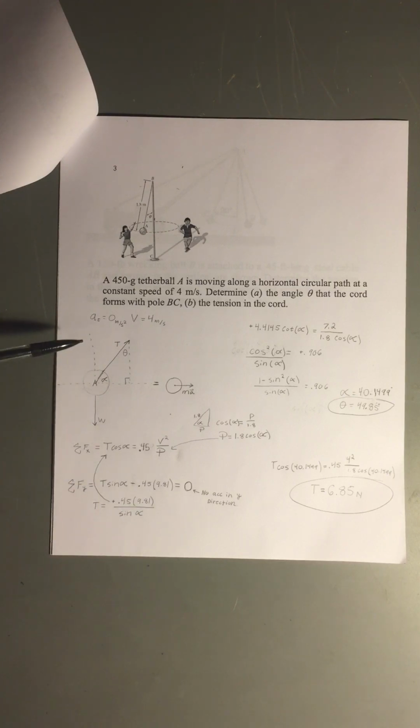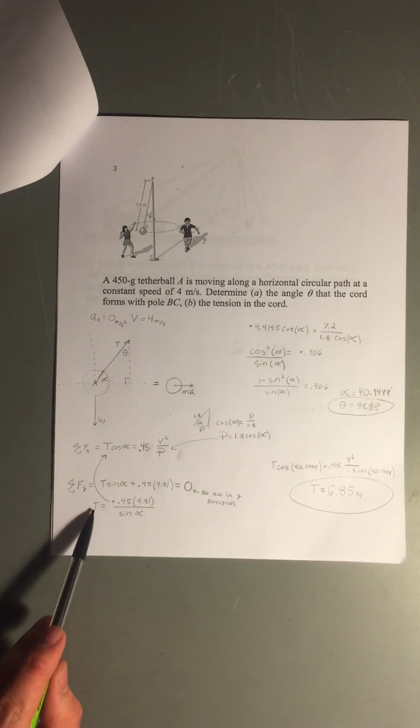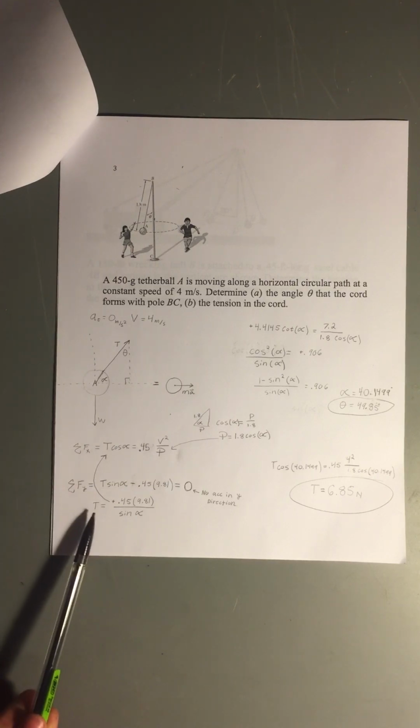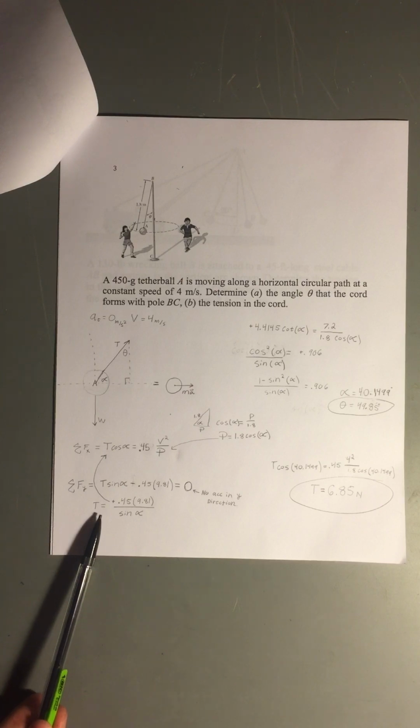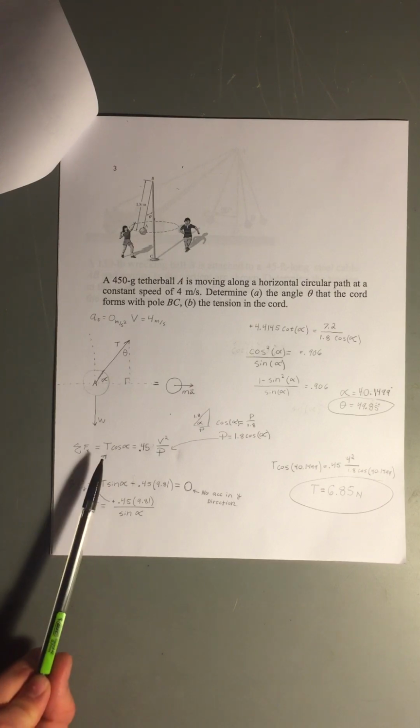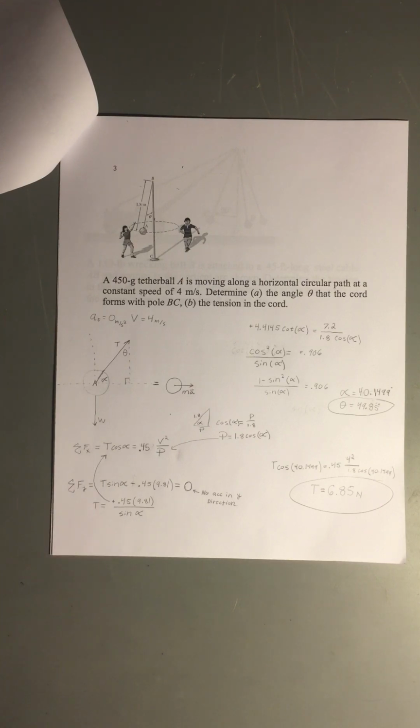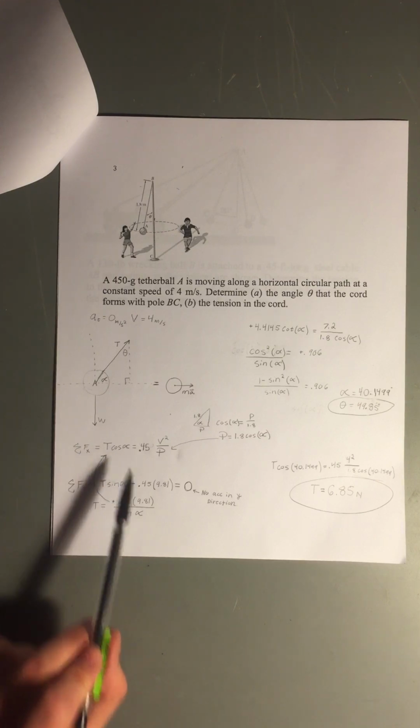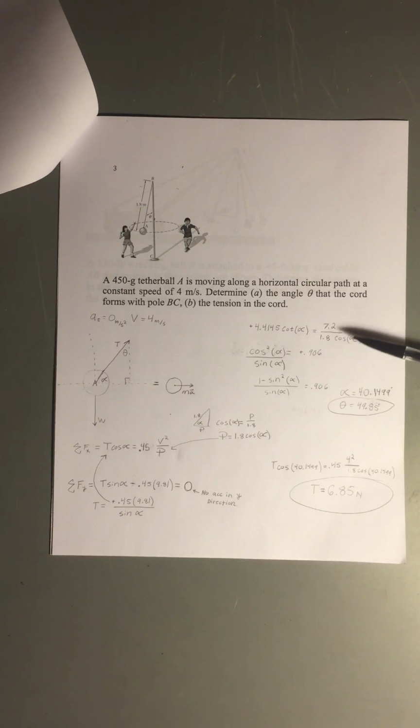And then since we know that the ball is not accelerating up or down, we know that the acceleration in the y direction is 0. And so we can solve that equation in the y direction for our tension, and then replace that into our equation up above. And now we have an equation that only has the angle alpha in it. So I rewrote that up here to be able to solve it.